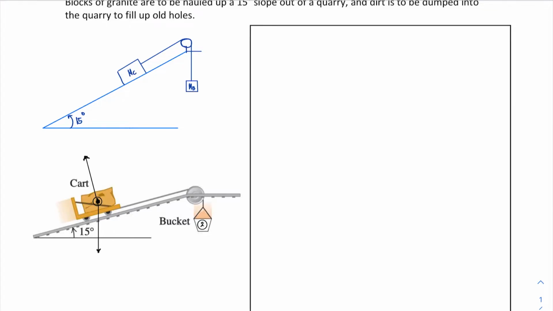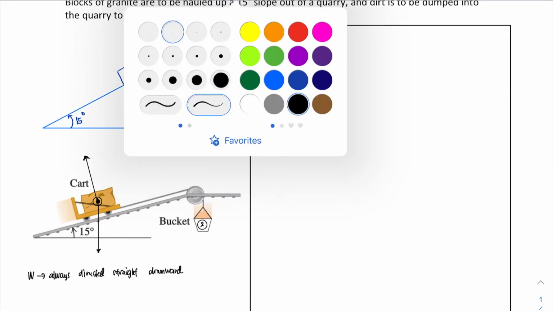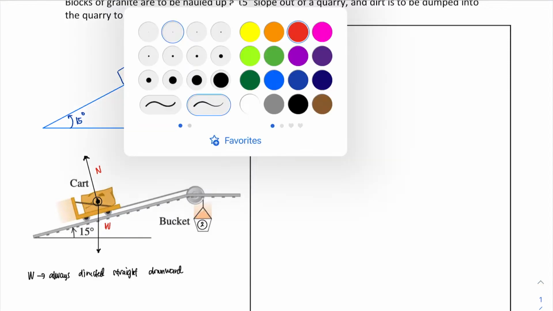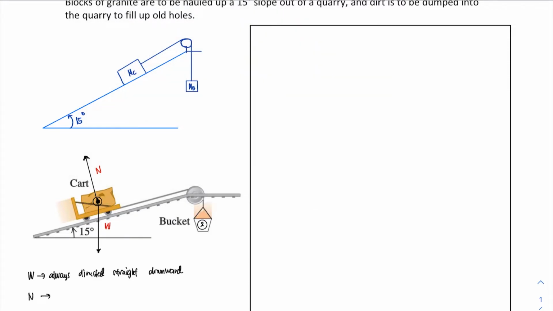So I'm just going to write here, weight is always directed straight downward. That's why I am saying you can be sure it is straight. And then your normal force, by the way, I failed to label, this is our weight, and this is your normal force. Your normal force, on the other hand, is always 90 degrees or perpendicular, they mean the same thing, to the surface.